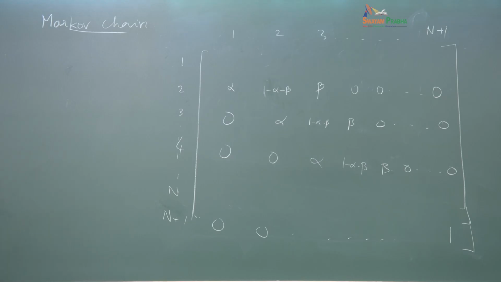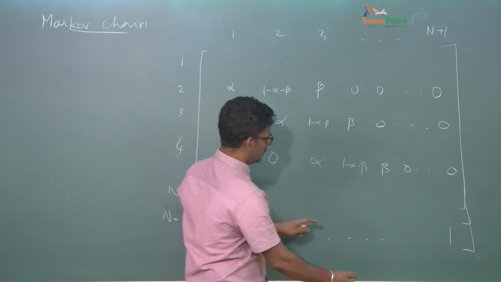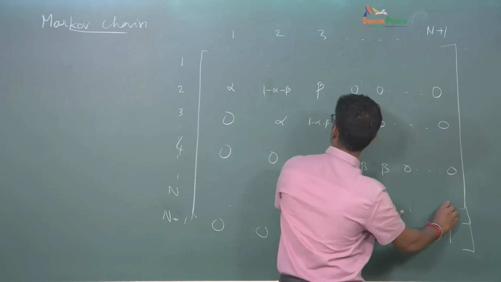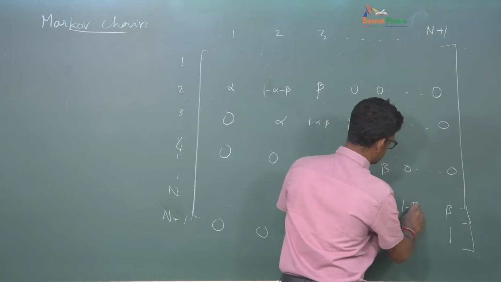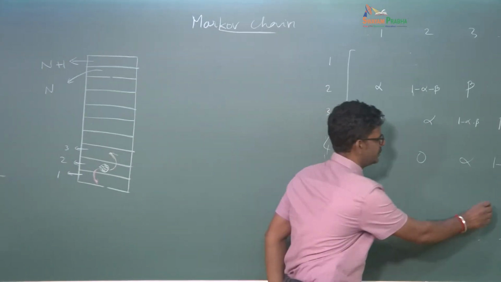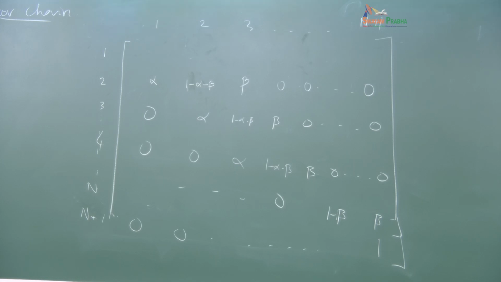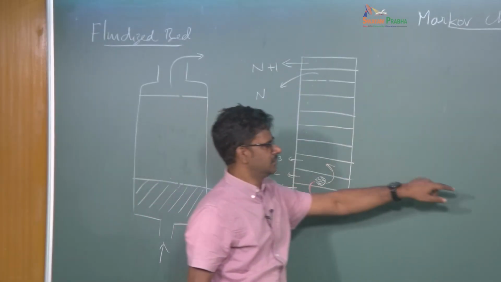If it is at n plus 1, it is going to stay at n plus 1; it is not going to come back. Whereas when it is at n, it can remain in n, or it can go forward, with jump probability beta, and everything else is 0. So when it is at n, it can jump forward to n plus 1 or remain in n, these two.